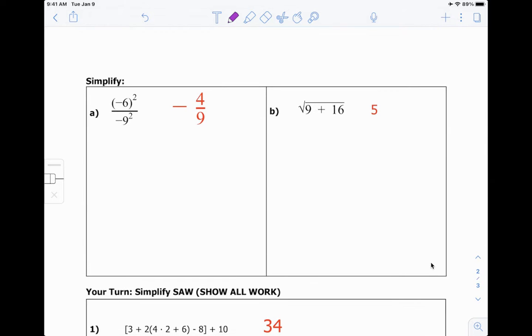All right, so let's go on to the next page, and try a couple of examples, and the answer to this is -4/9. So I'm taking -6 and I'm multiplying by itself twice. So my base is -6. And the reason I know that is because there are parentheses. So a set of parentheses around the numbers tells you it's a negative base.